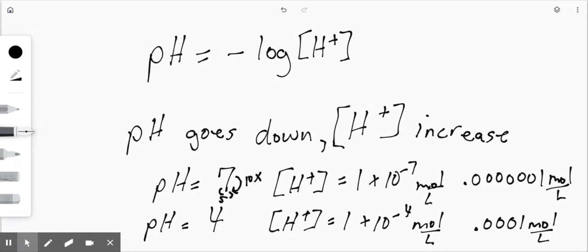From 6 to 5, that's 10 times more acidic. From 5 to 4, that's 10 times more acidic. So a 3-point decrease in the pH is 10 times 10 times 10 more acidic. 10 times 10 is 100. 100 times 10 is 1,000. So a pH of 4 means the solution is 1,000 times more acidic, which is pretty significant.